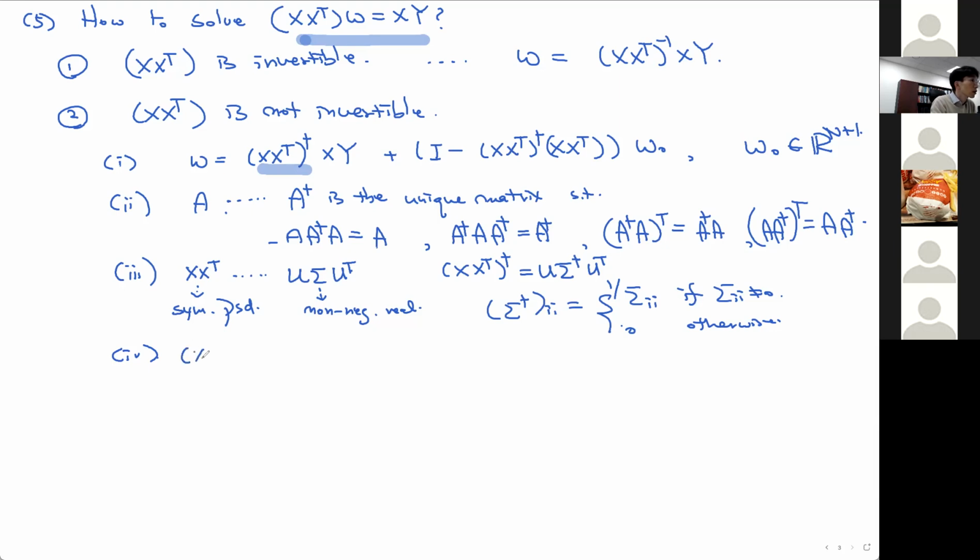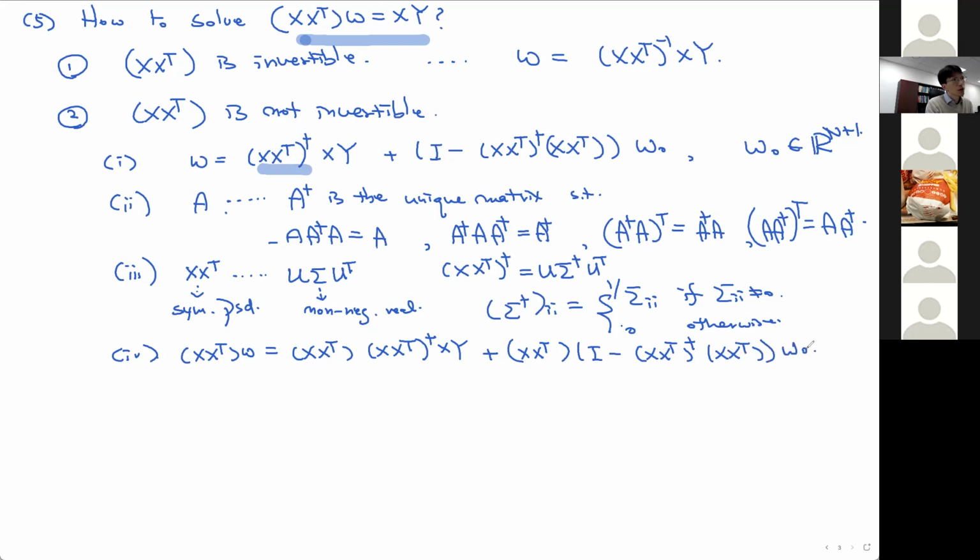X X transpose W is X X transpose dagger XY plus, just to write all the steps, X X transpose times the identity matrix minus X X transpose dagger X X transpose, times W0.